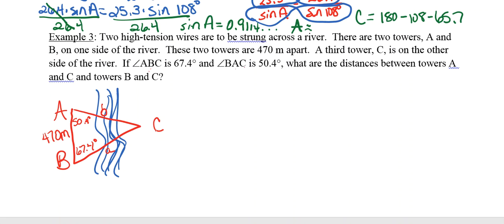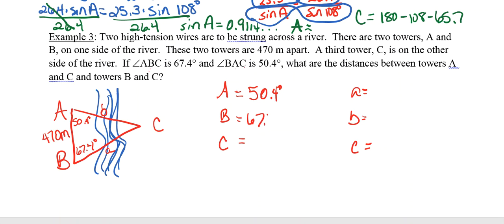So I can go ahead and find angle C first, because I'm going to need that so that I can have a match. So I'm going to go ahead and organize it, even though they're not asking us simply to solve it, but to find particular things. It'll just help me know I have it all. So I know angle A is 50.4. I know angle B is 67.4.